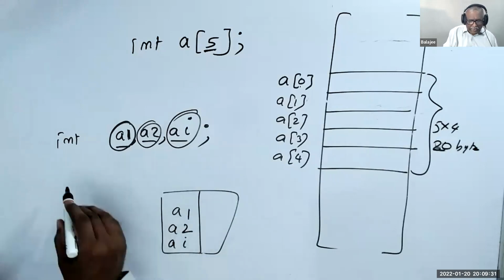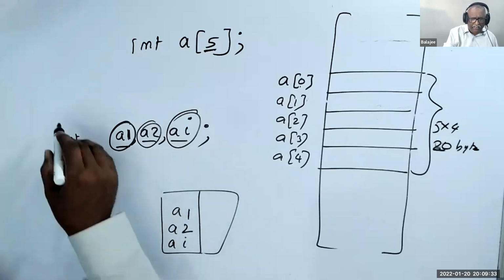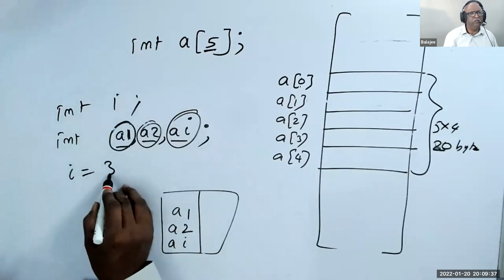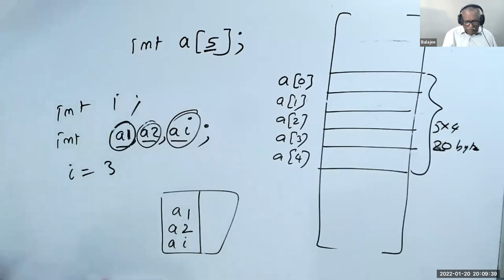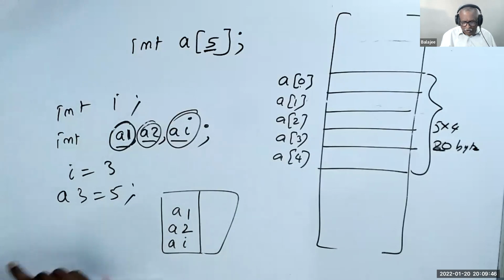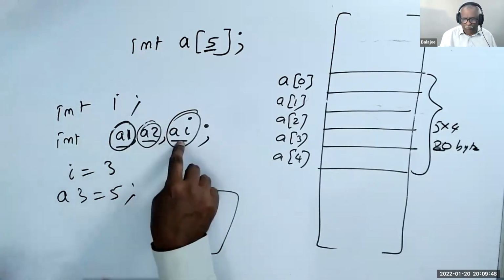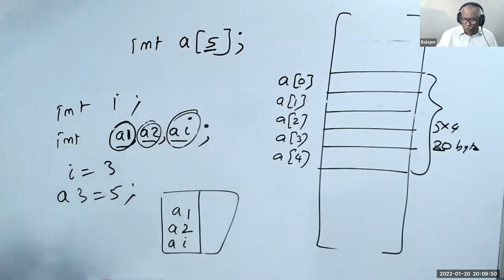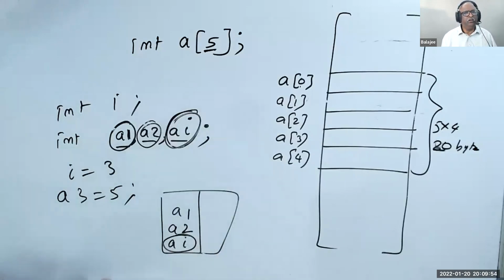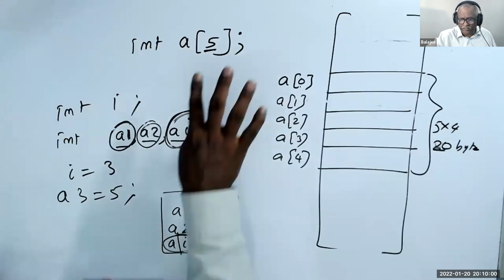So if I have another variable called I equal to 3, and I write A3 equal to 5, then the system will not substitute the I here. This will not become A3. You cannot separate the variable. AI means AI. A and I cannot be separated.